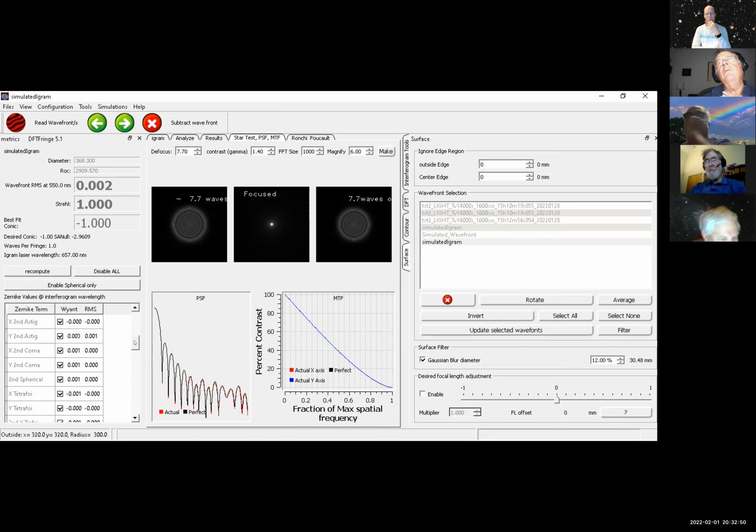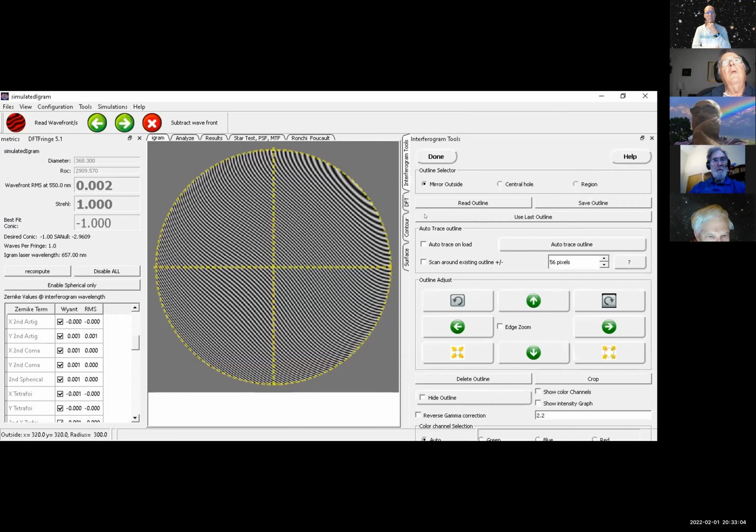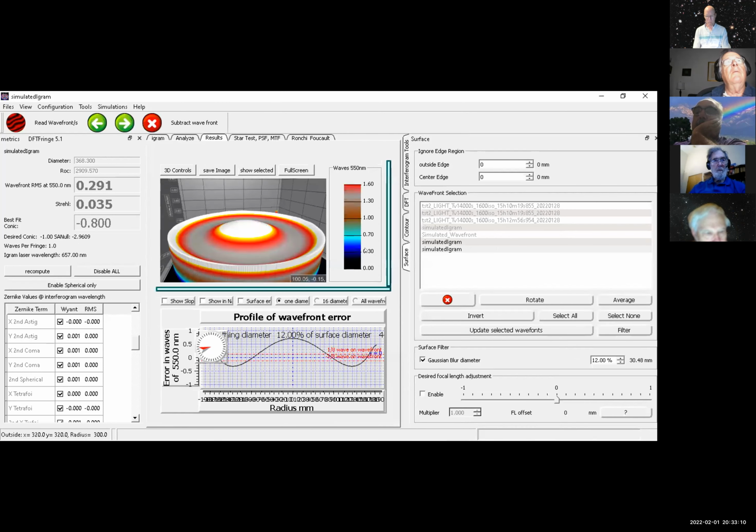So anyways, let's go for a simulation of, let's say, 80%. Okay, and done. Compute. So here's 80%, an undercorrected mirror.